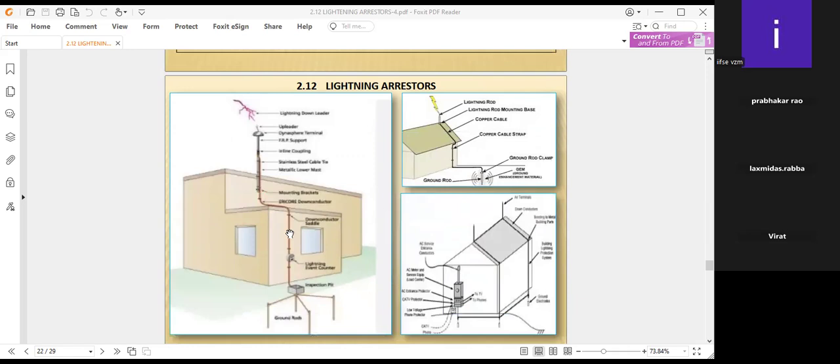If you see the figures, you will clearly understand where the house is and how the lightning is received.